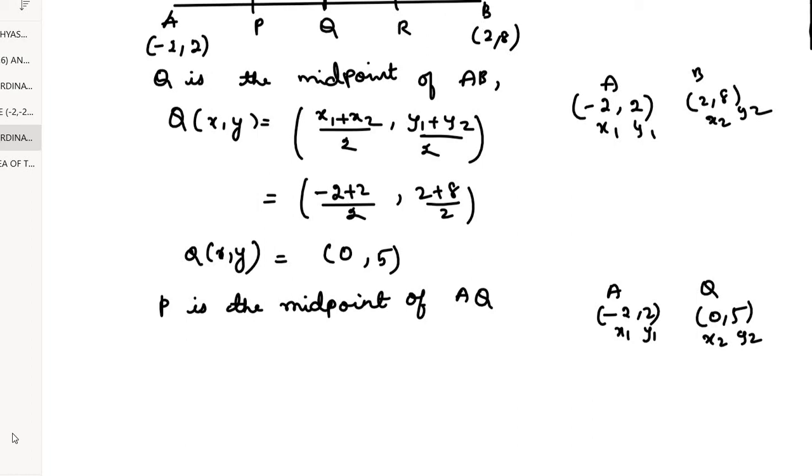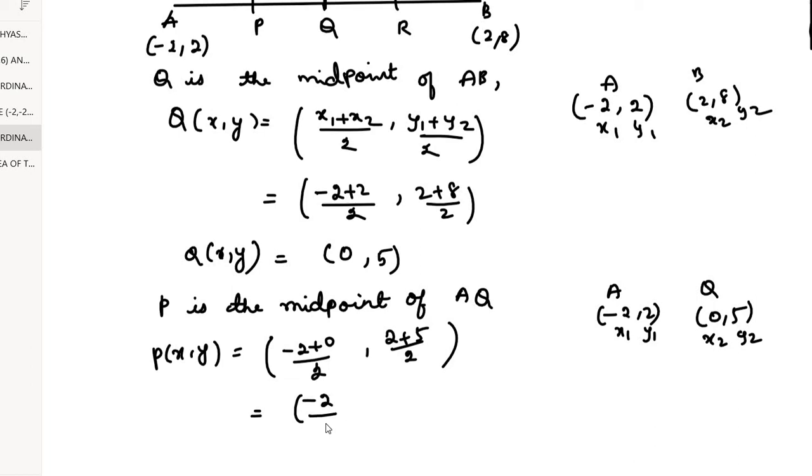So P of x comma y is equal to x1 plus x2 by 2: minus 2 plus 0 by 2, comma 2 plus 5 by 2, which is minus 2 by 2 comma 7 by 2. That is, I'll get minus 1 comma 7 by 2. So I got P.